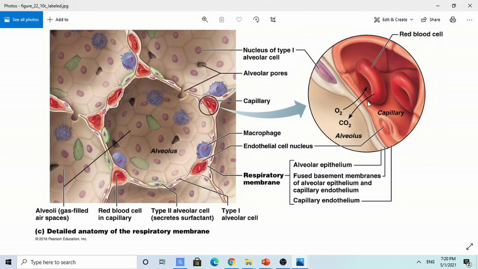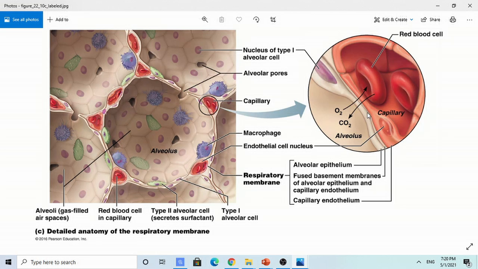By the way, these two epithelia are composed of a single cell layer. That makes it a very thin wall and convenient for diffusion of oxygen and carbon dioxide across this respiratory membrane.